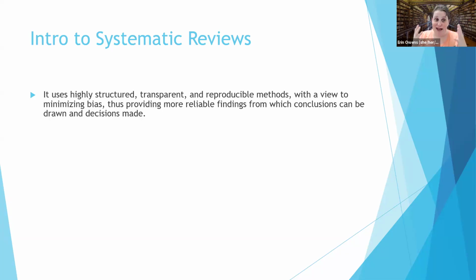The goal of all of that is that the findings from that systematic review will be more reliable than if we just did a general literature review where we kind of did some searches, captured whatever was convenient, and synthesized it. Hopefully, this will be more comprehensive, more reliable, and therefore the conclusions that we draw and the decisions that we make on the basis of that information will also be more reliable.